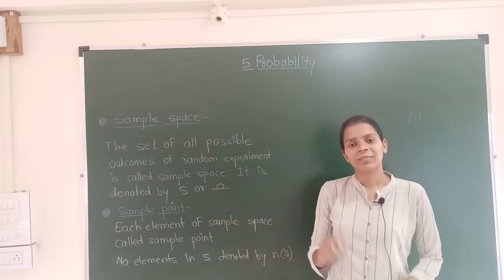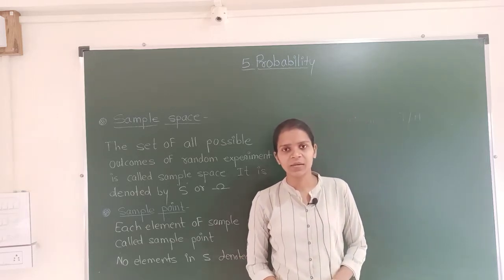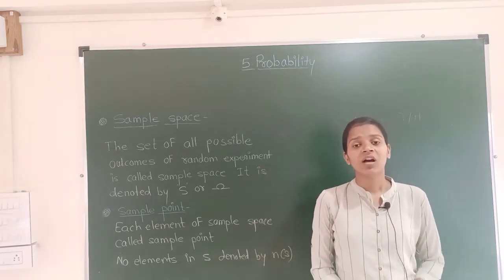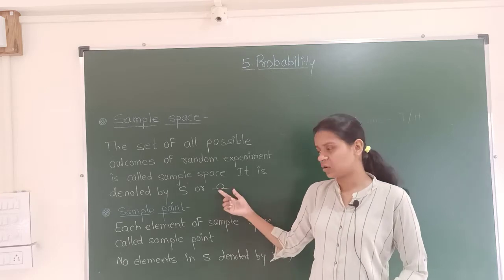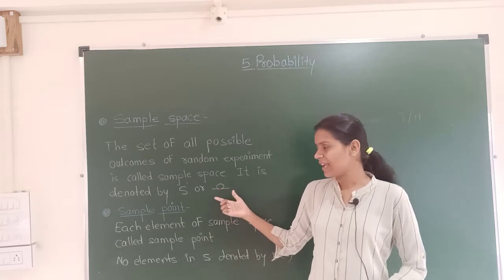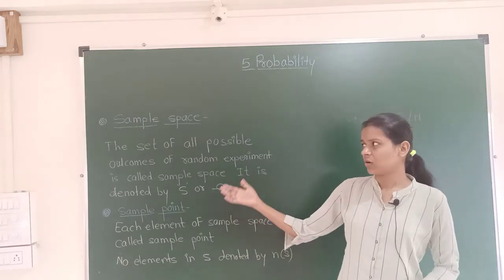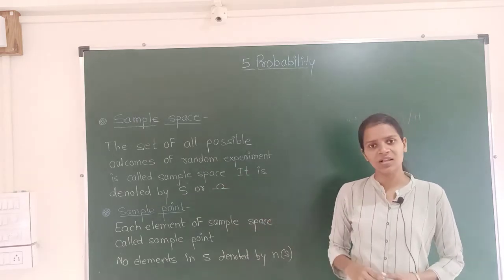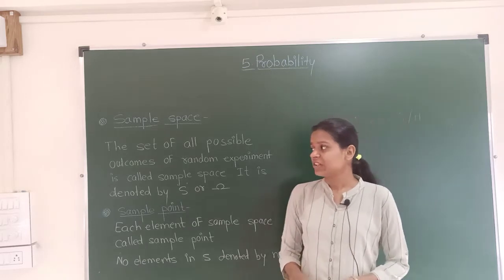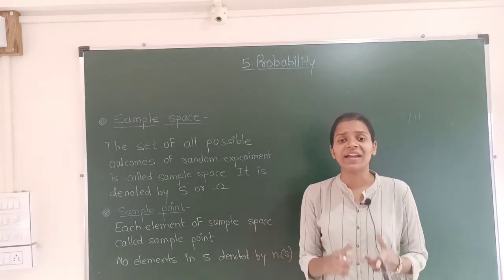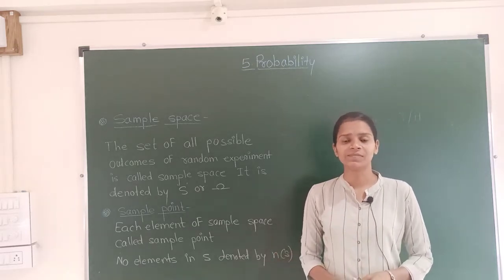You can use anything, but in the exam, if they have given you the sample space by using the letter omega, you must understand omega is used to denote the sample space. So the set of all possible outcomes of a random experiment is called sample space.